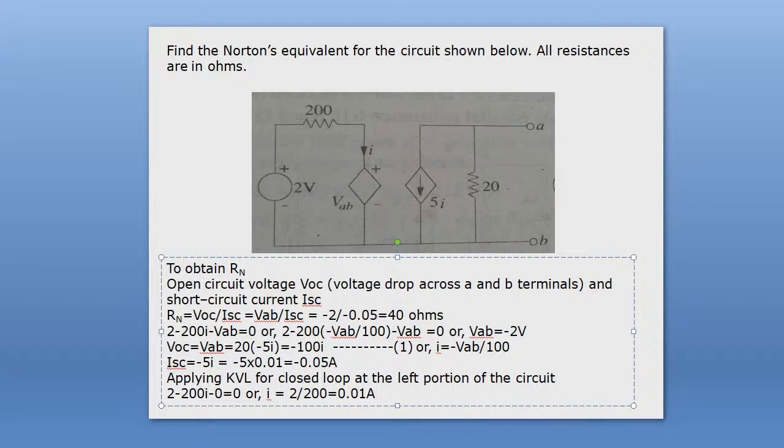Okay, any doubt regarding Norton's theorem, Thevenin's theorem, superposition? One thing to remember, these theorems are applicable both for AC and DC circuit.